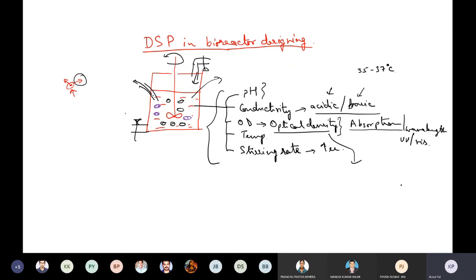For optical density, we use the whole light, the whole spectrum of the light, which may span from 400 nanometer to say 900 nanometer in the visible spectrum.